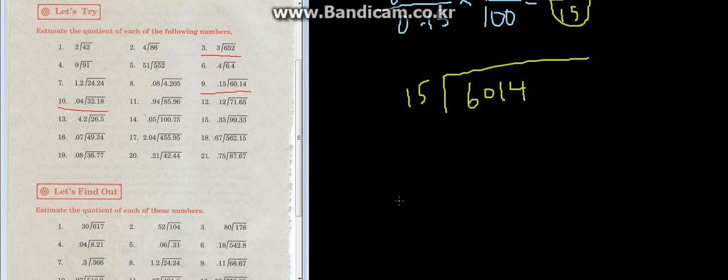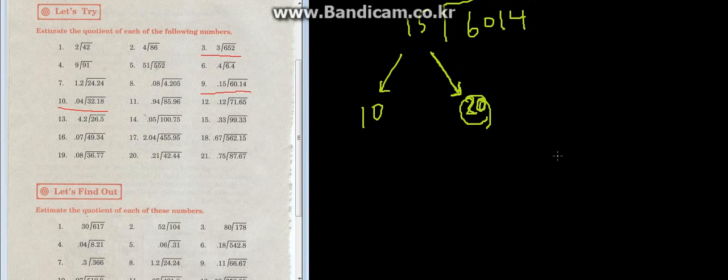How do we do that? Well, it can be 10 or it can be 20. But since we have 5 here, we go for the number higher, 20.